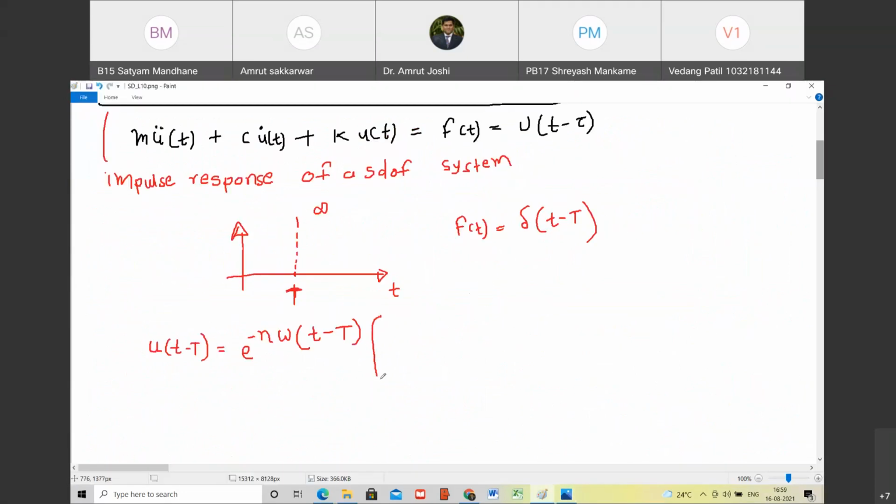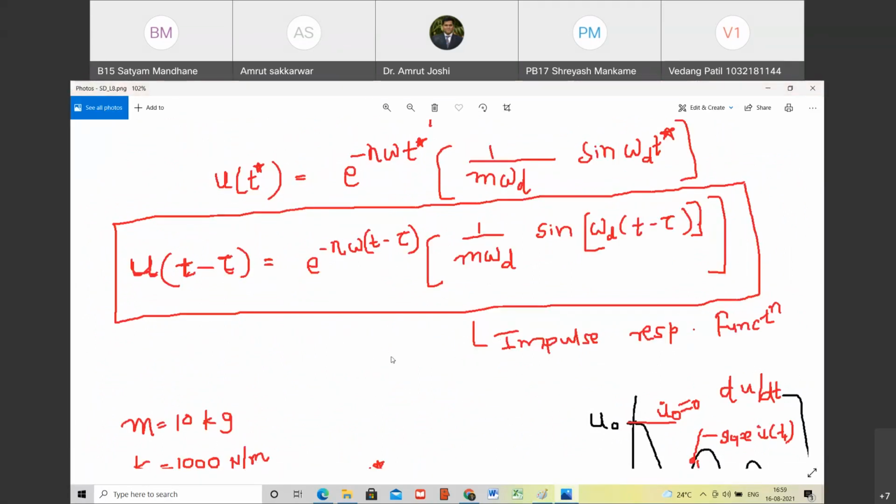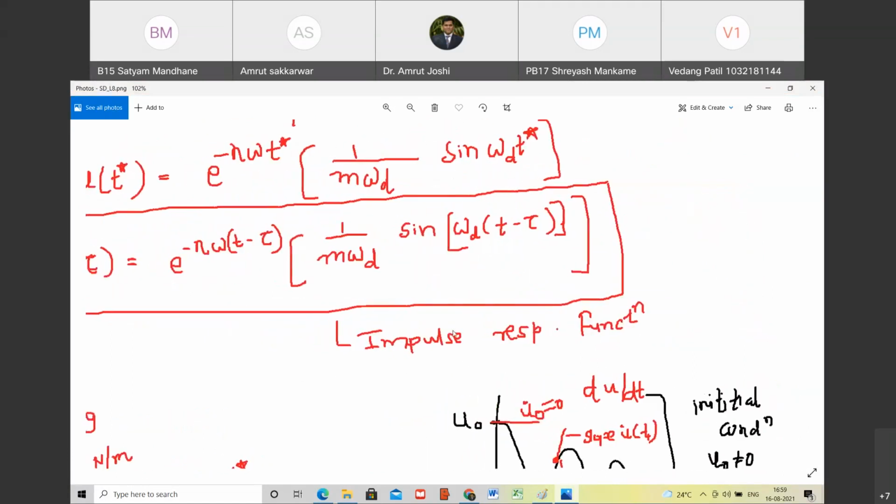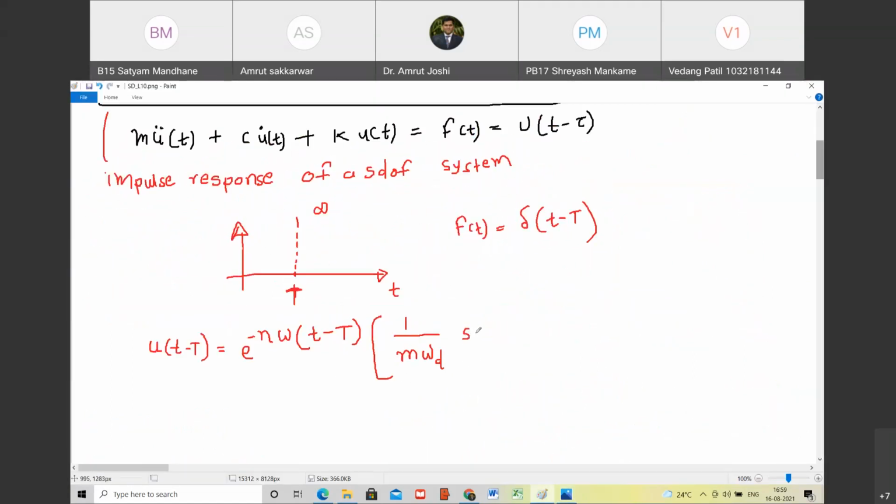Then 1 upon m omega d, into sine of omega d (t minus capital T). Are you with me? Yes, sir. This is the response of this single degree of freedom system for a unit impulse that occurs at time capital T. Happy?